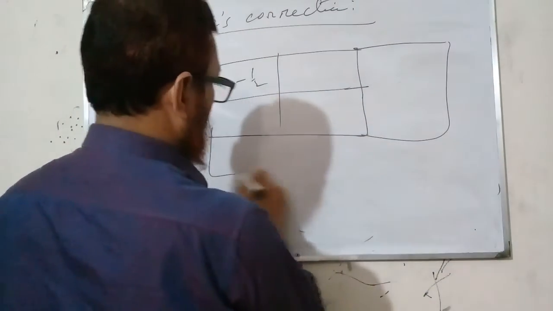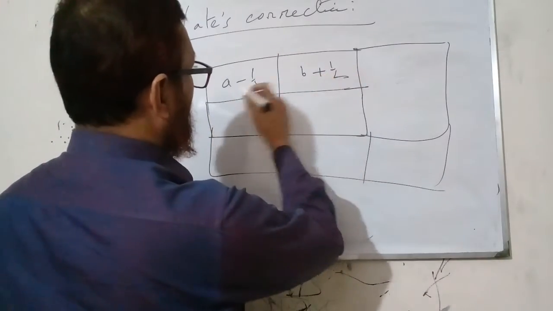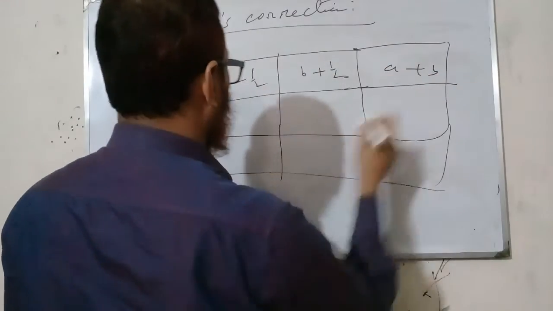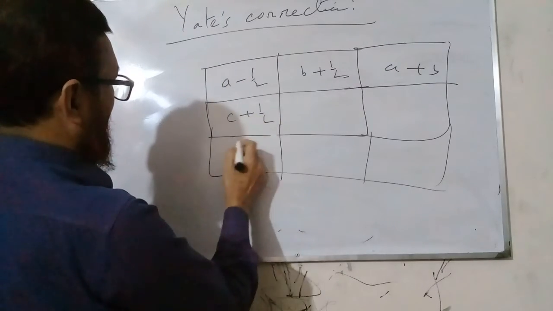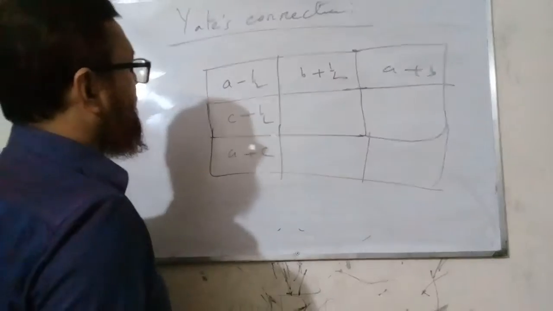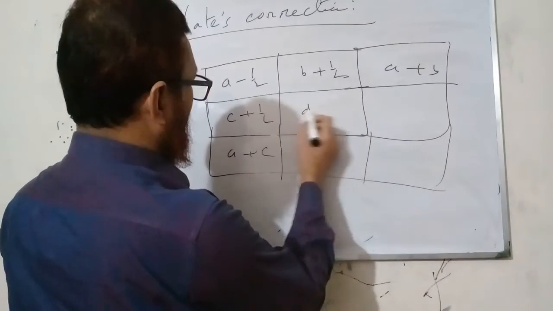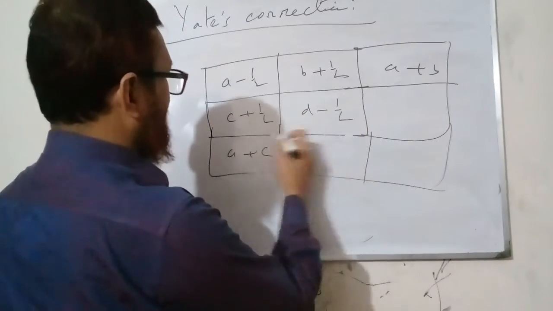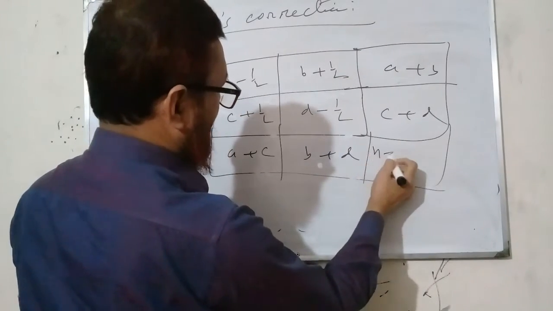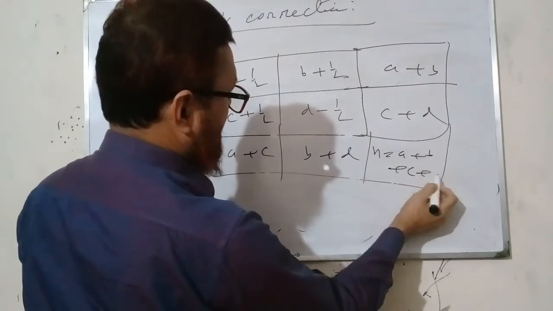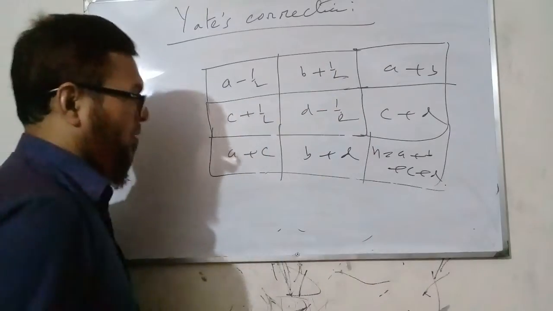Since our marginal total is fixed, we can put B plus half, that is A plus B; C plus half, A plus C; B minus half, C plus D, B plus D, that is N equal to A plus B plus C plus D. Marginal total fully fixed, so we can use these cells.